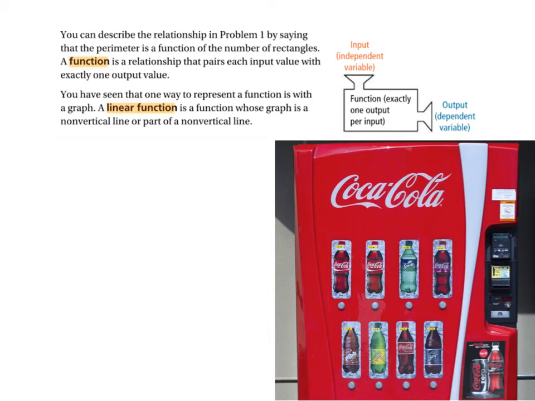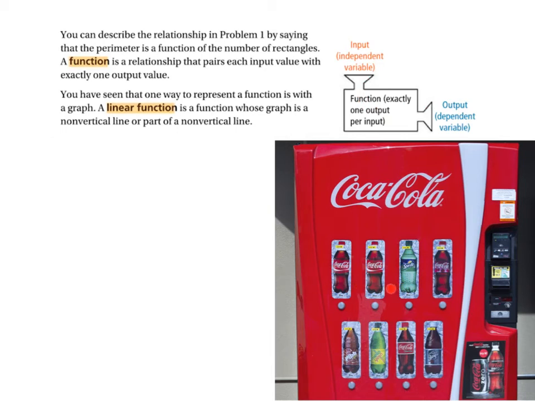Okay. The problem would be if you pushed a button and sometimes you got a Coca-Cola, sometimes you got a Sprite, sometimes you got a root beer, who knows what you're going to get? That's a problem. That machine is not functioning if it's not producing the thing that's on the label. And I want you to keep this example in mind. It's really going to be helpful because I picked this example because you can see that two different buttons can both give you a Coke.